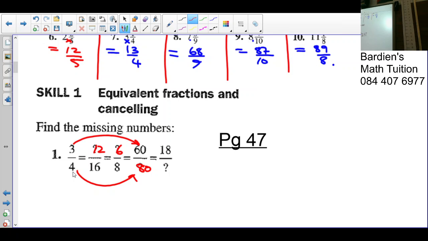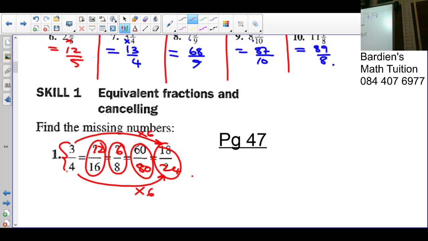You guys understand? Yes. And the last one, how do I get from 3 to 18? You multiply it by? 6. 3 times by 6. So what do we get? Do you guys understand? And all these fractions here are equal to what?